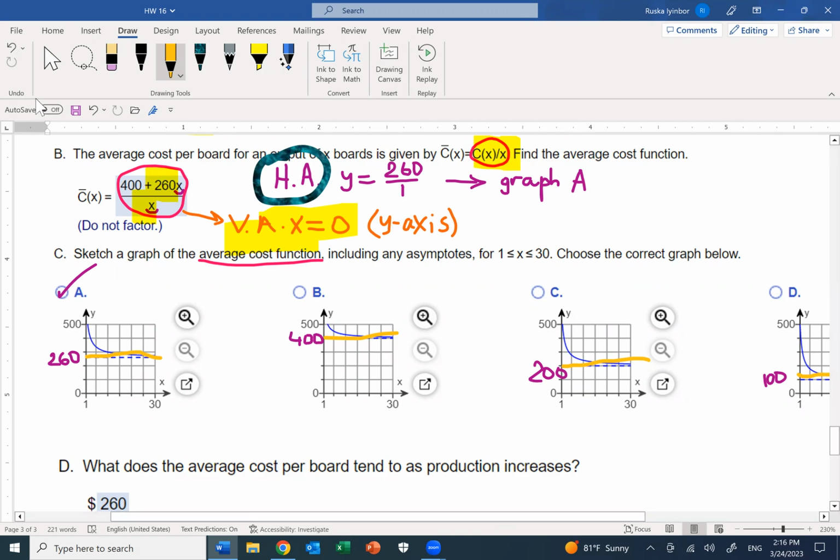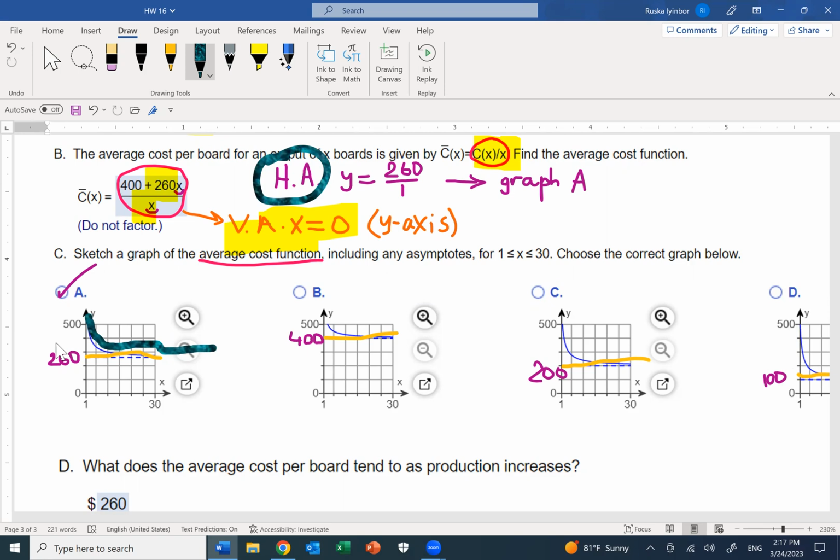And then one more question they're asking: what does the average cost per board tend to be as production increases? If production increases, that means X approaches infinity. So you're going bigger and bigger, and looking at the graph, it's going close to the horizontal asymptote, but you never cross it.